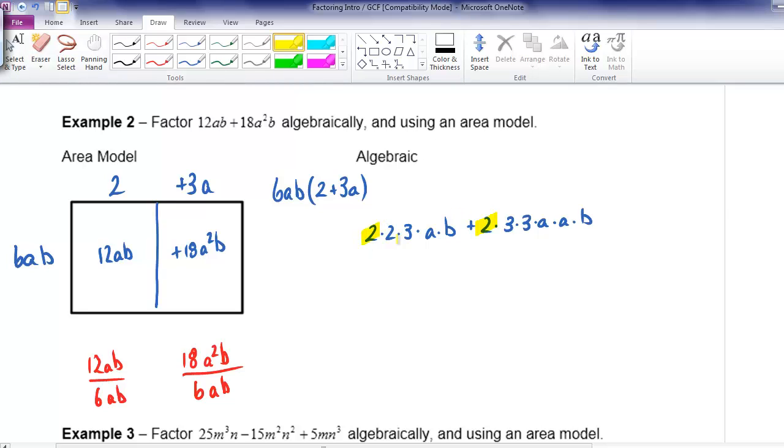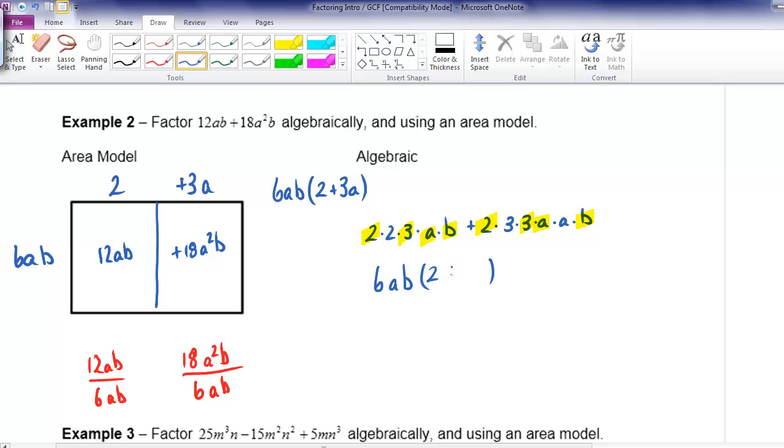Has a 2 and a 2, has a 3 and a 3, has an A, has an A, has a B, has a B. The first term has a 2, the second term doesn't have another 2, and the second term has a 3 and an A, and the first term doesn't have another 3 and another A. So we found our greatest common factor, and our greatest common factor is the first factor of our binomial. That is 2 times 3 times A times B. And as it said above, then the leftover stuff is my other piece.